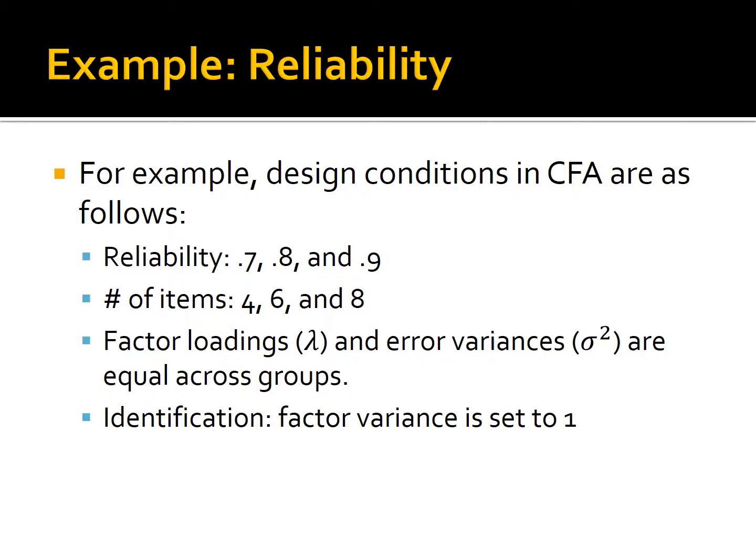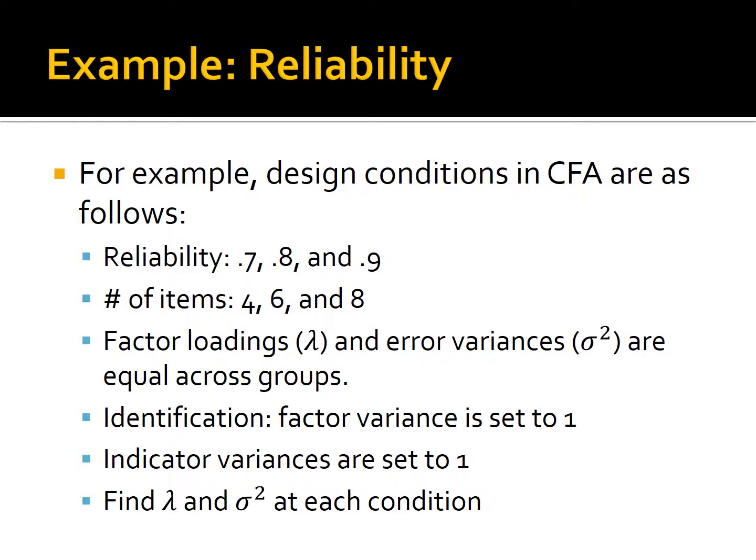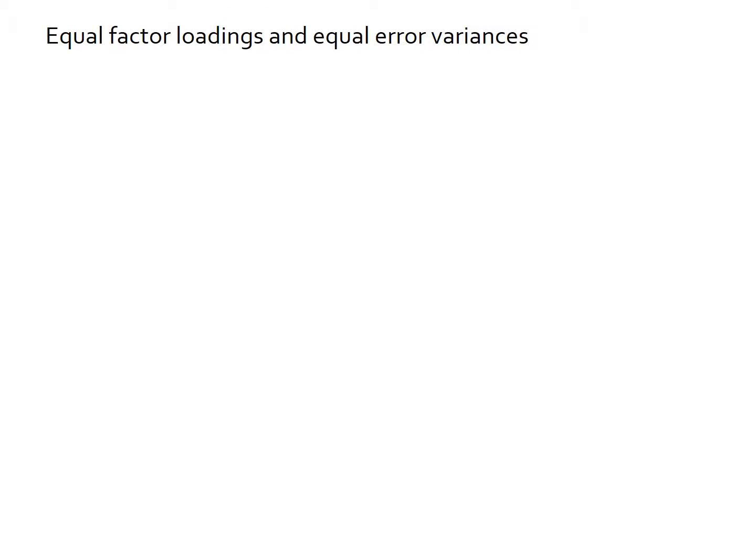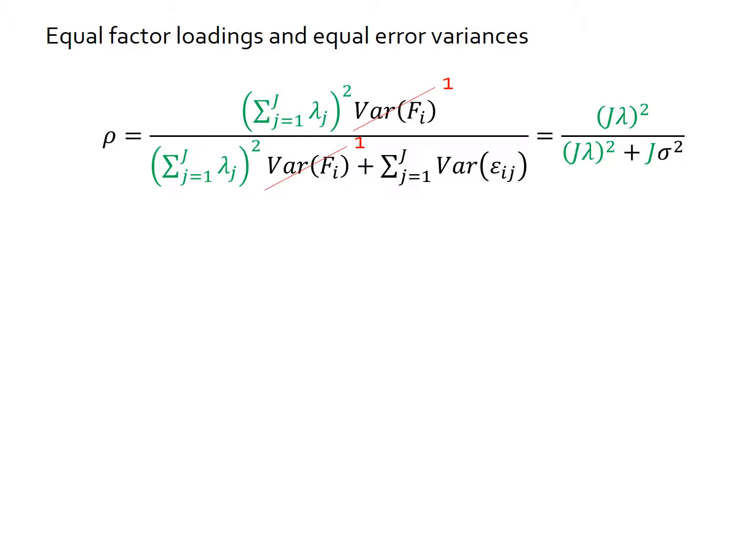And then to get the factor identification, I fix the factor variance to 1. And the indicator variance in this simulation, I set as 1. So I would like to find lambda and sigma square for each condition, for each reliability and number of items.